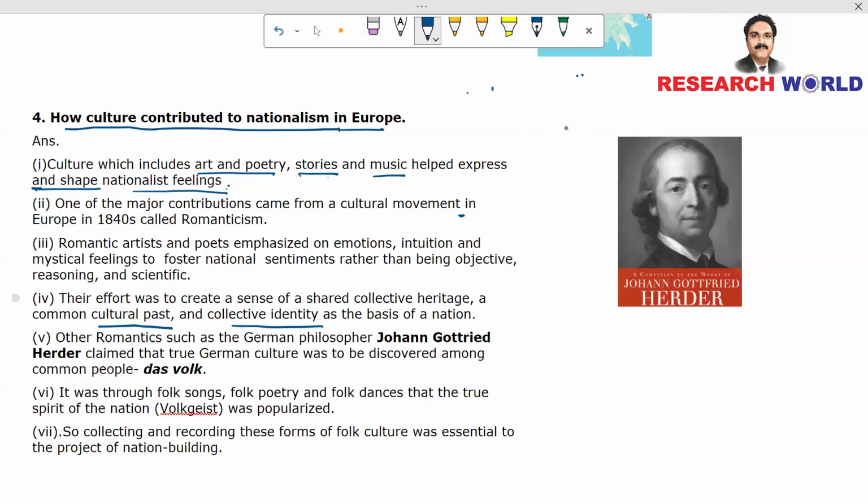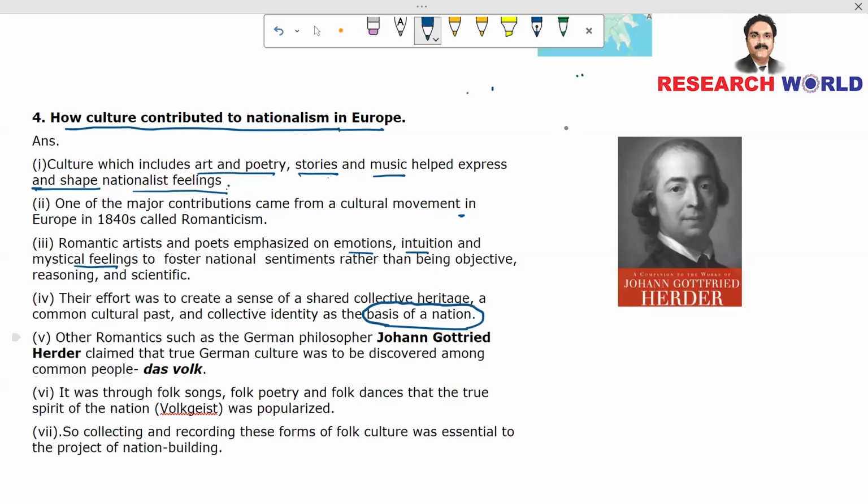You identify yourself as a German or a French, like that, as the basis of nation. So the very idea of nation building should be based on people having a collective heritage, a common cultural past, a collective identity. By going after emotions, intuitions and mystical feelings about your country, you will have a collective heritage, collective cultural past and collective identity, and that should be the basis of your nation building.